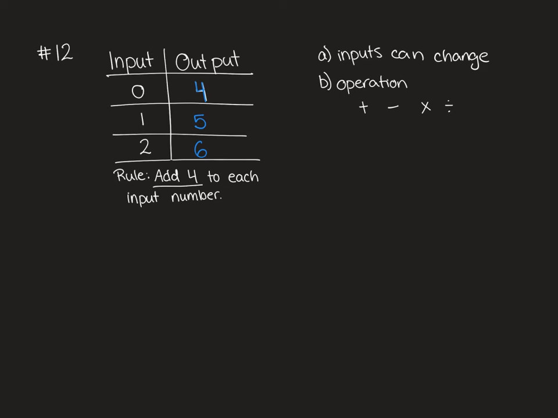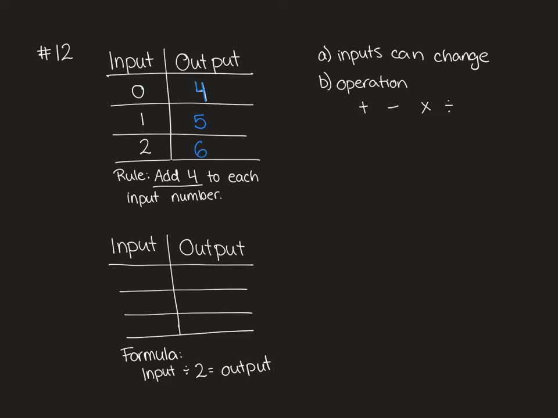Now, the other example I'm going to give you is with a formula. With a formula, they might give you something that looks more like a math sentence, like input divided by 2 equals the output.